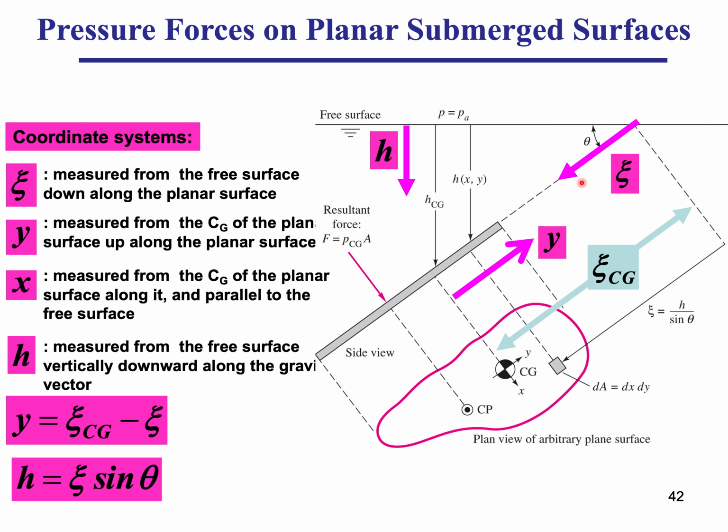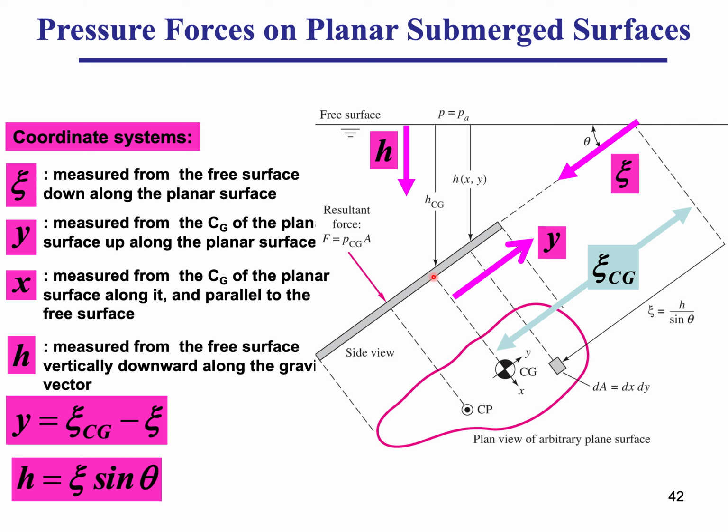If I were to take the zeta origin and move it to the center of gravity, I would just lose this zeta cg, because y points upwards and zeta points downward, and they're both at the center of gravity. But that's not the case. The case is that the zeta coordinate system is shifted by a distance zeta cg from the center of gravity.